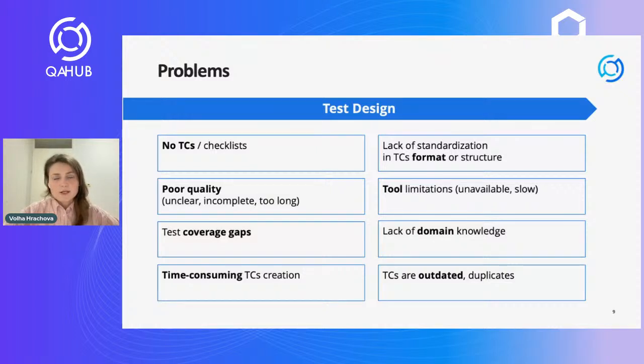Sometimes the test case creation process is very time consuming. It can be related to the tool because it is not very user friendly, or it can be just due to the project specifics. But this process of test case creation can be very time consuming.